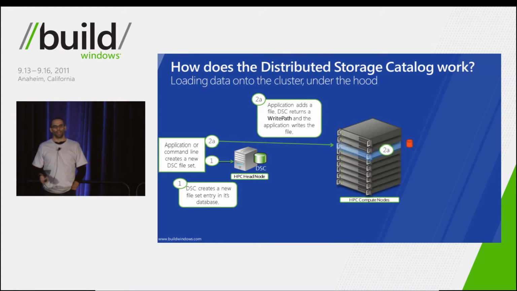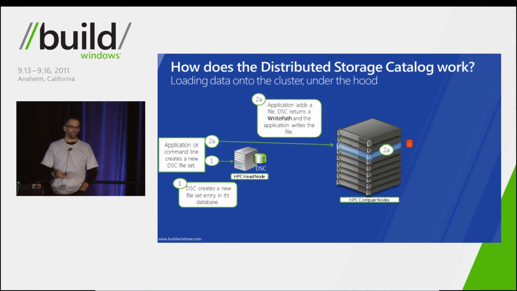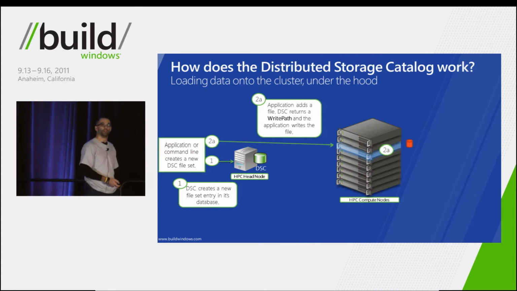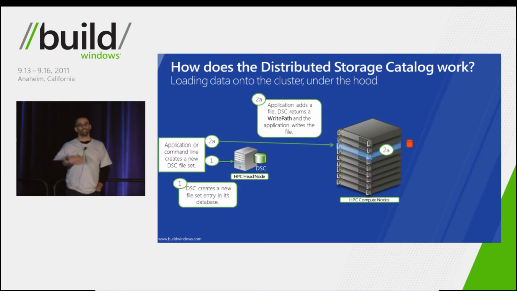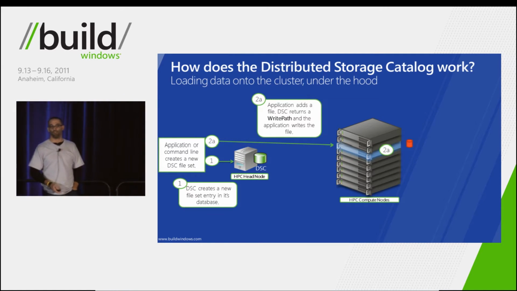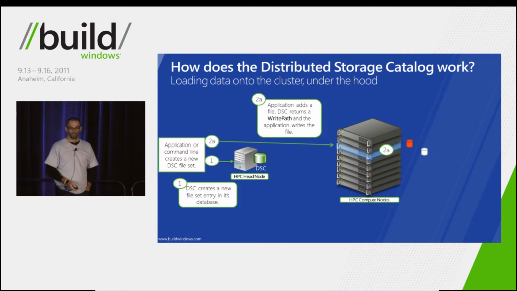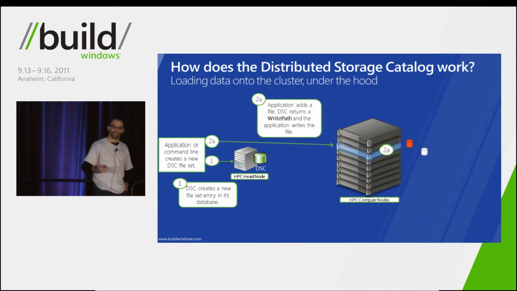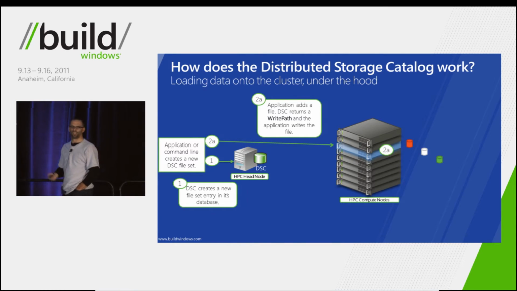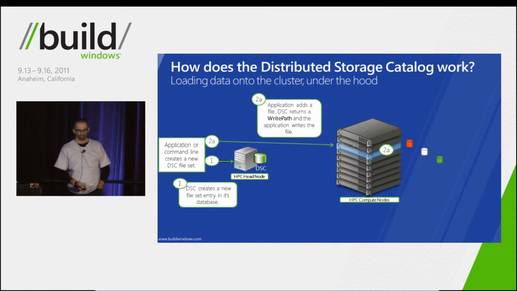So basically, all the application does is it asks DSC for a series of write paths on shares on my cluster. Interestingly, I can actually directly get at files stored in DSC because they're exposed on NTFS file shares. So I'm going to keep adding all these files until I'm done, until I have a complete file set.